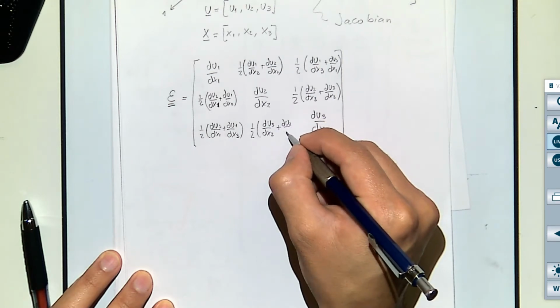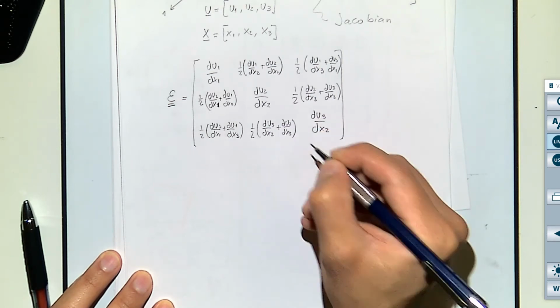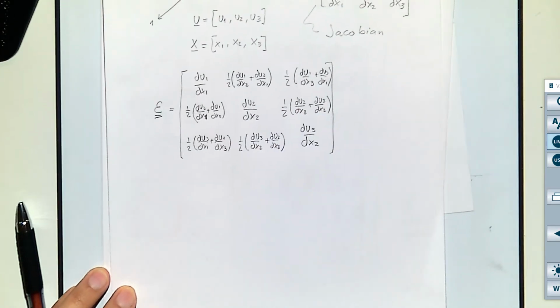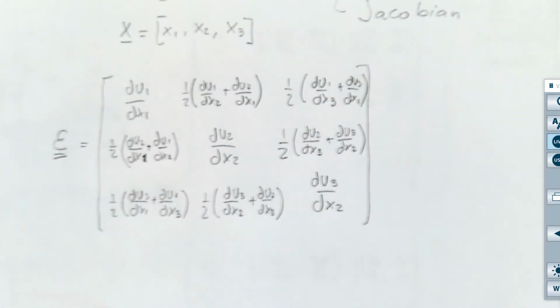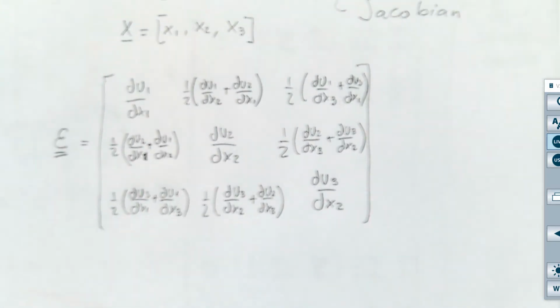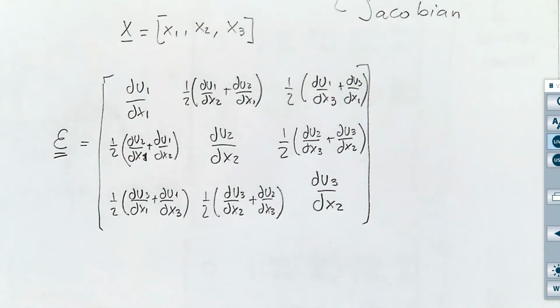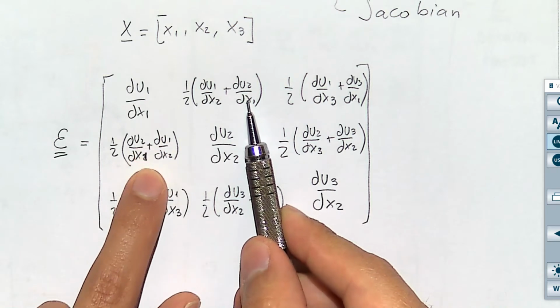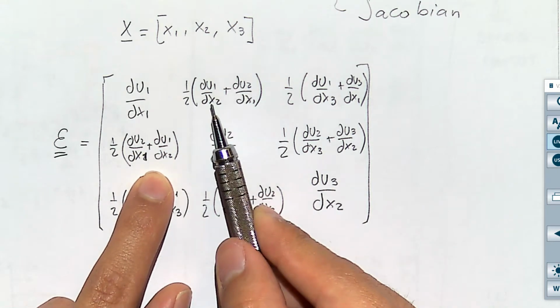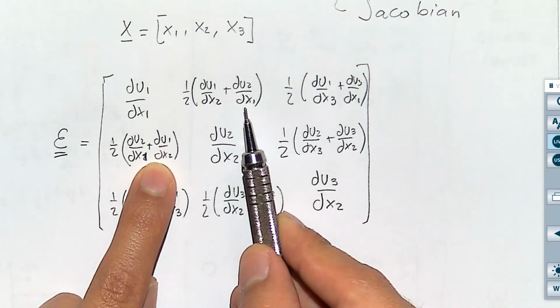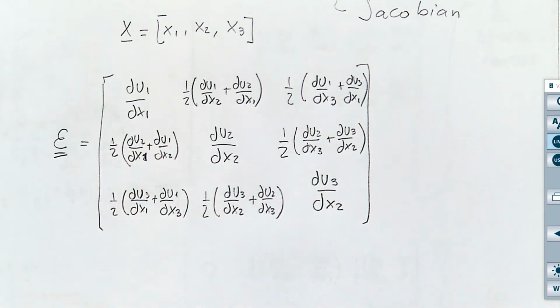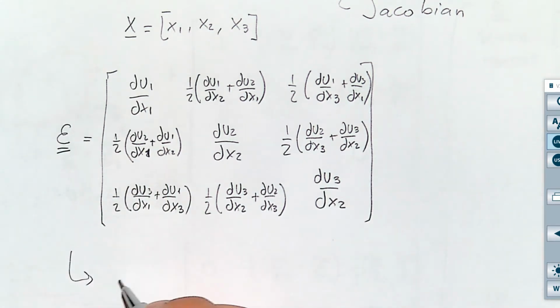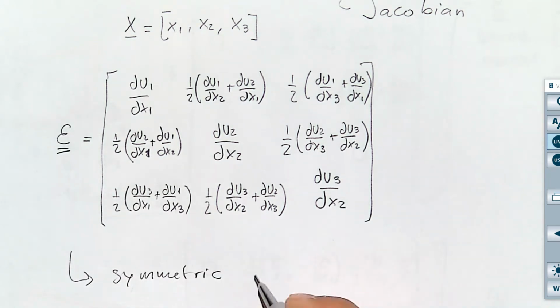They have the same terms, and notice that this term is the same as that one, but the order of the two terms inside parentheses is switched, but it's exactly the same. So this is also a symmetric matrix.